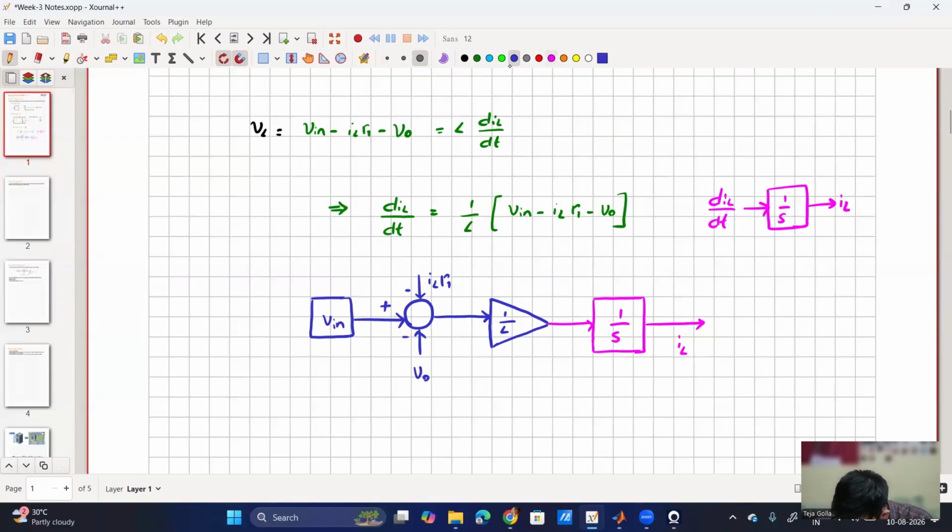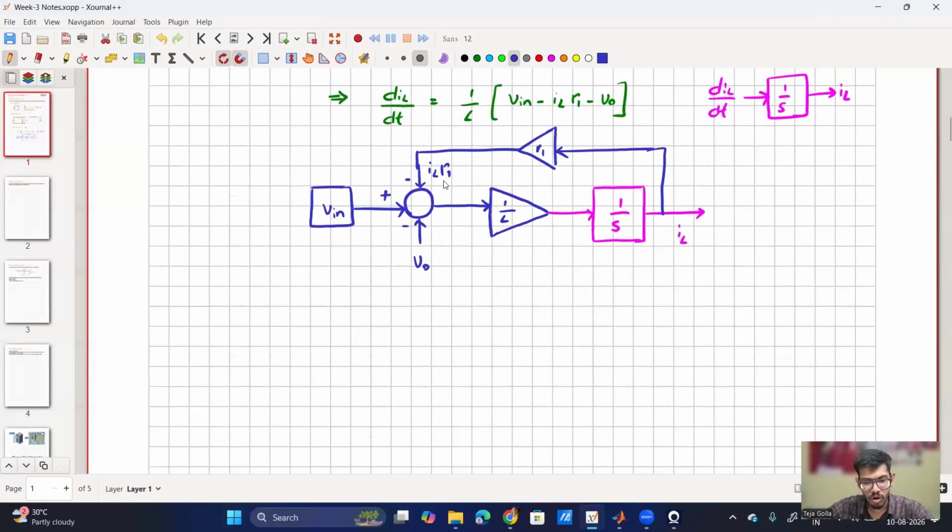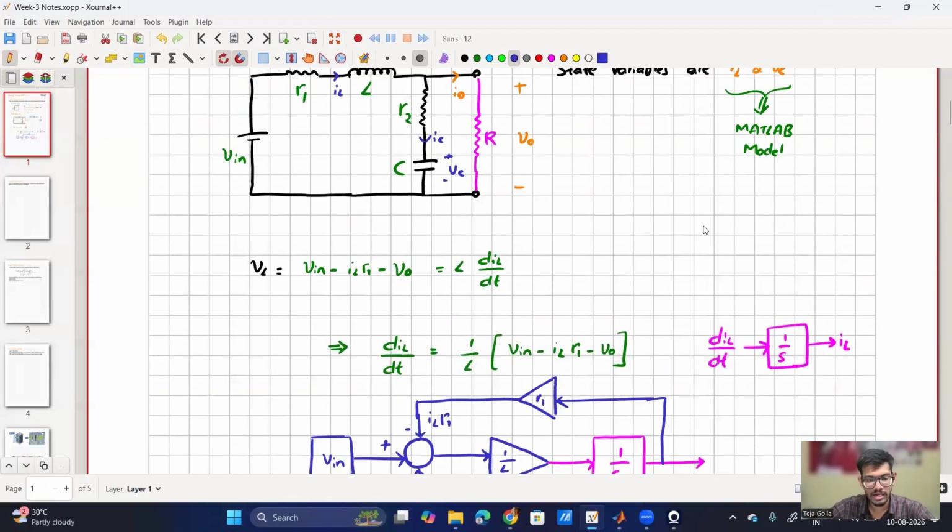I will use another gain R1 and then I'll feed it back. So this is for the inductor. Based on the inductor equation and the V0 expression, I am getting this block diagram where my input is Vin, V0 and ILR1 is coming from the loop, and the output is my IL.